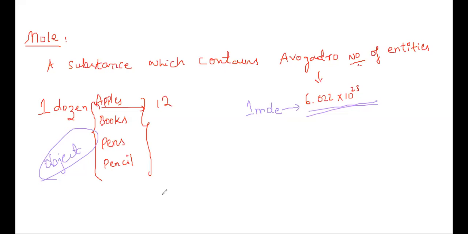Okay, and we also know that 12 AMU is equal to 1 carbon atom, right? So I can write like this: 12 AMU is equal to 1 carbon atom. So here the mass of one carbon atom is 12 AMU.